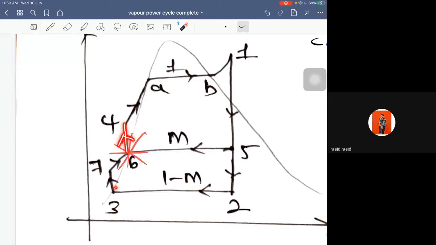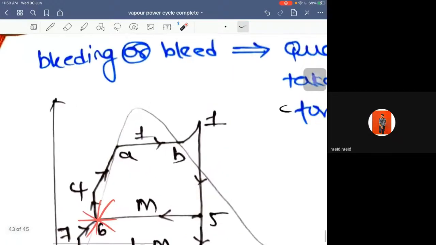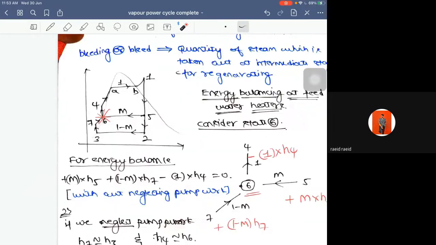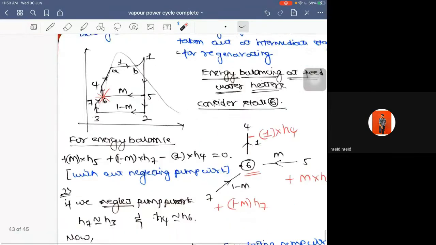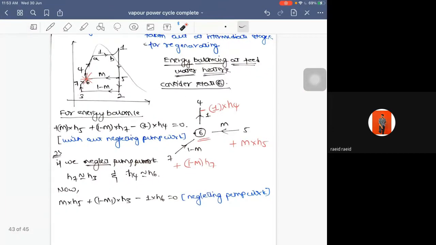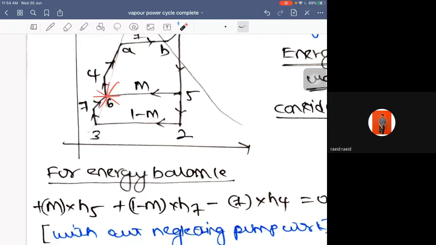And what about 7 to 6? Okay, that is 3 to 7, sir. Even that is also a pumping work. So if that particular pumping work is neglected, what happens if there is no pumping work?